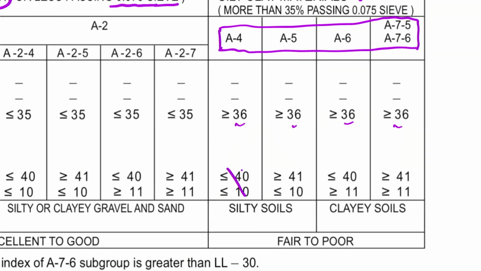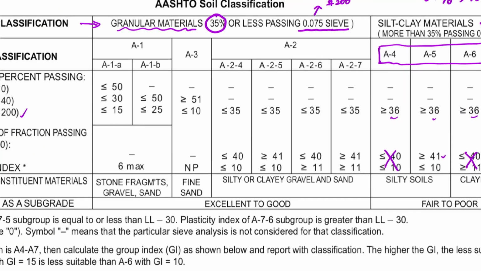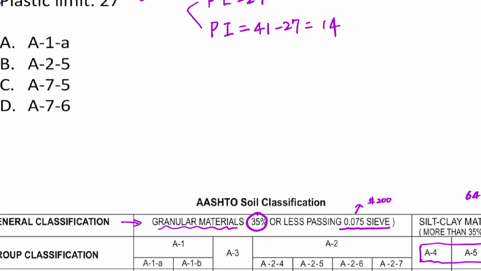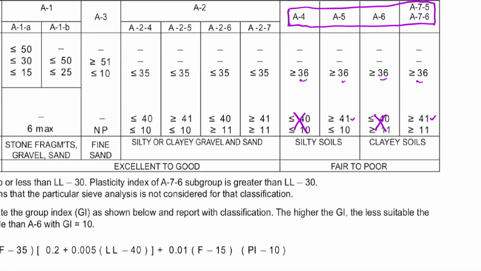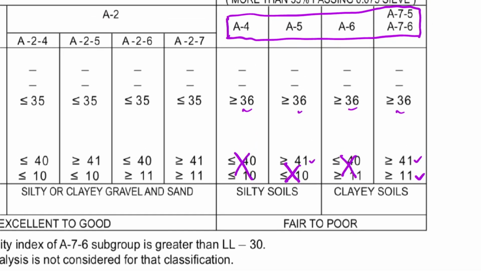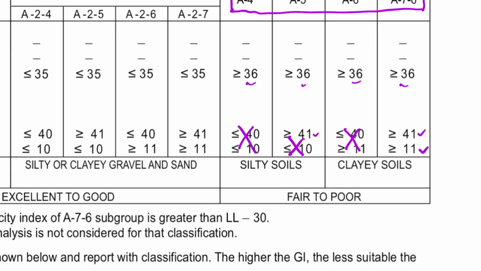So this won't work, and this won't work, and only A5 and A7 would work. Then we look at our PI, which we calculated to be 14. This won't work, and this would work. So our soil would be either A-7-5 or A-7-6, and will be classified as clay soil.